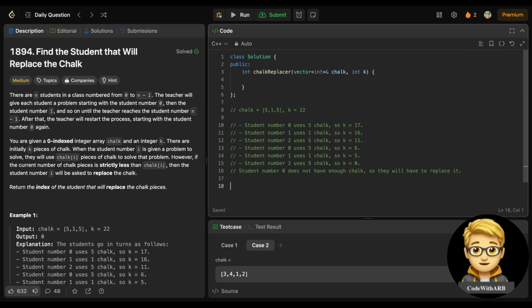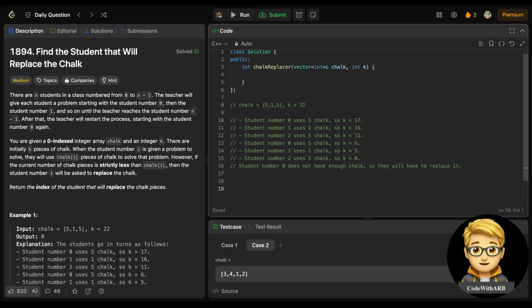One thing to note here is that we are subtracting the number of chalks which each student wants, and at the end we are checking whether we have chalks remaining so that a student can use them for solving that question. That's the conclusion.